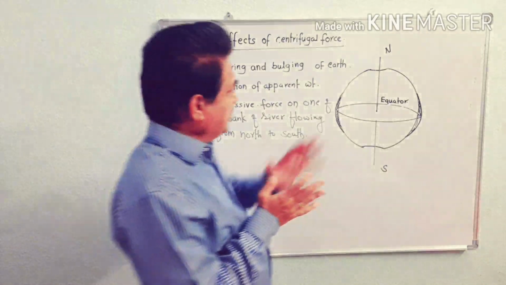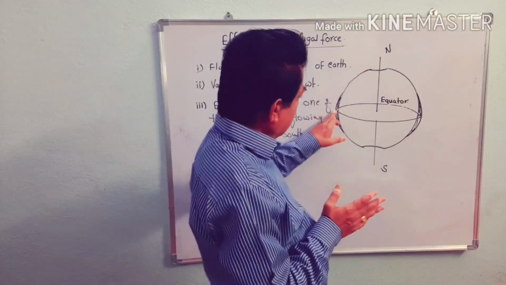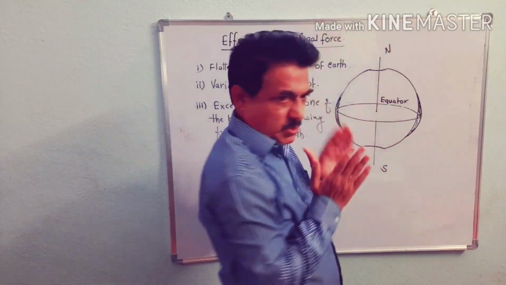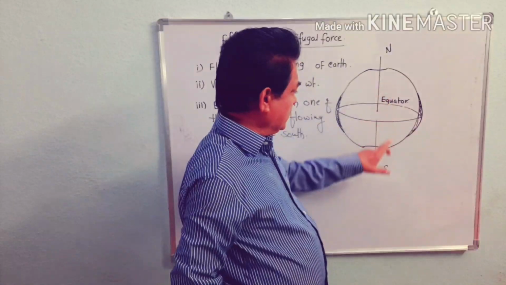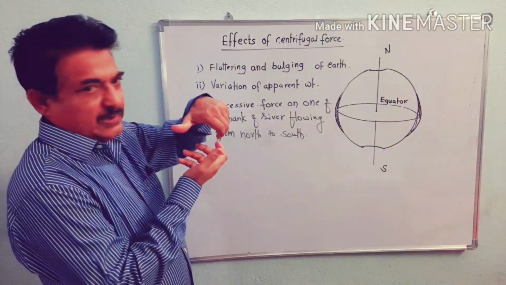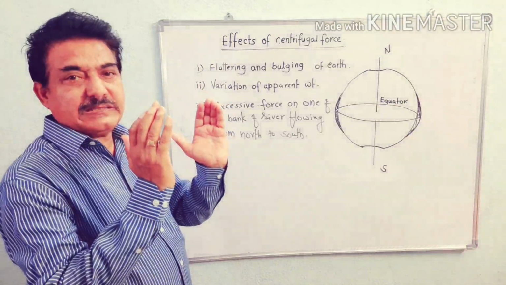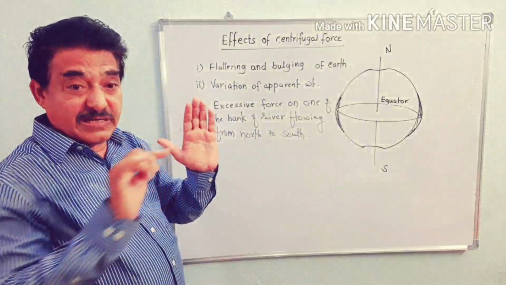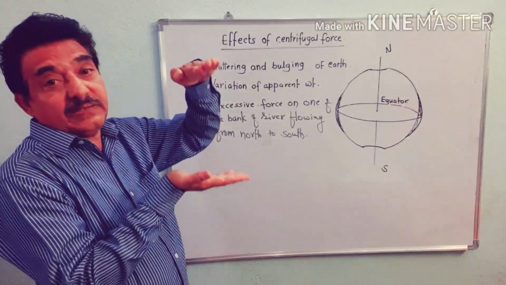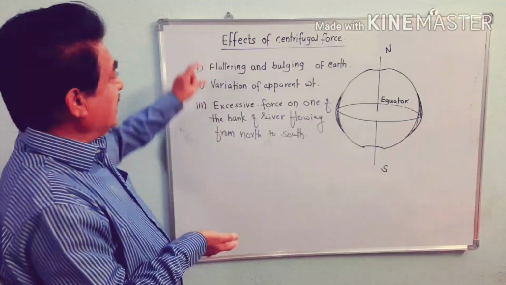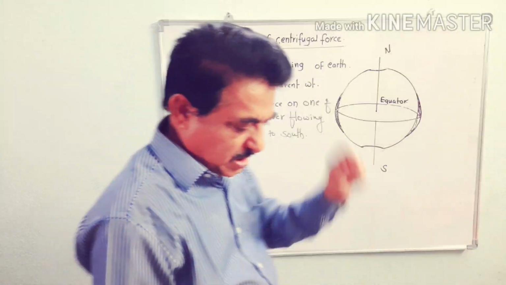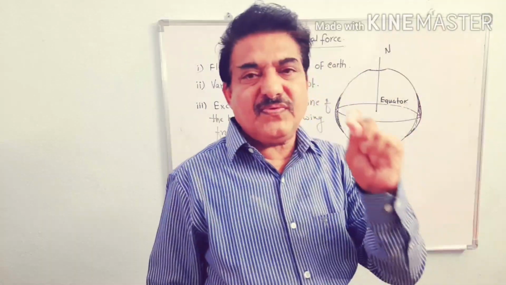And this earth is bulged at the equator and flatter at the poles. So this is a north pole, this is a south pole. Due to the spinning motion, the earth is bulged at the center, its diameter at the center increases and it is flattened at the poles. This flattening and bulging of the earth is due to the spinning motion or due to the presence of centrifugal force.